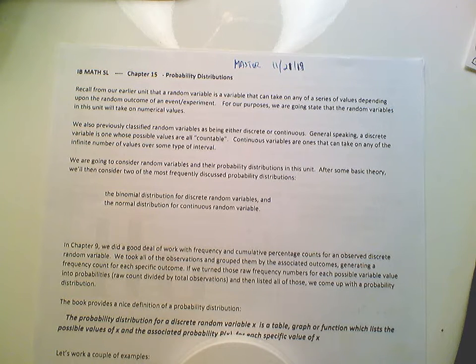We might have said of our random variable x, 5 times we had a value of 2, 7 times we had a value of 3, so on and so forth. And then when we knew the total number of observations that we had, we divide and we come up with the relative percentage for each of those different values. And we're going to do something just like that with random variables here and build what is called a probability distribution. So let's do it with a couple examples.